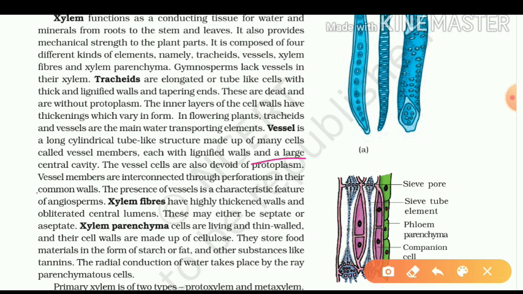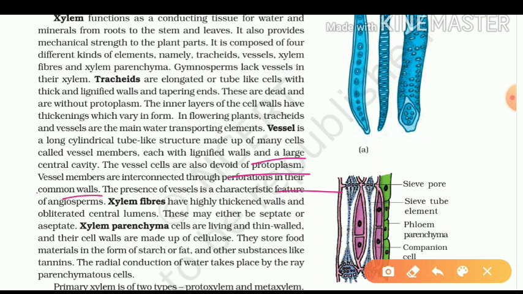Let's move on. Sorry, one important point is that vessels are also devoid of protoplasm, whereas in tracheids protoplasm is not present. Vessel members are interconnected through perforations in their common walls.